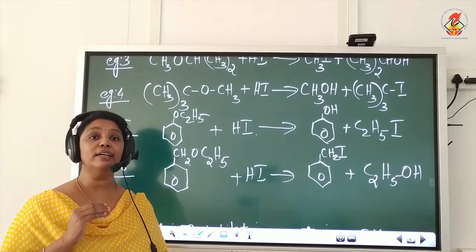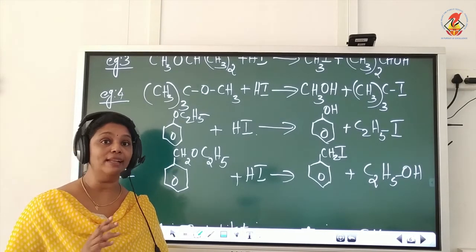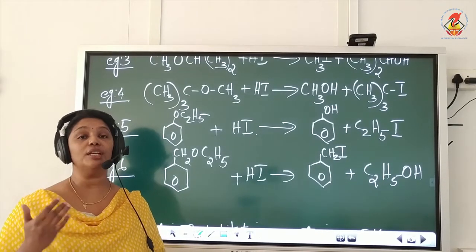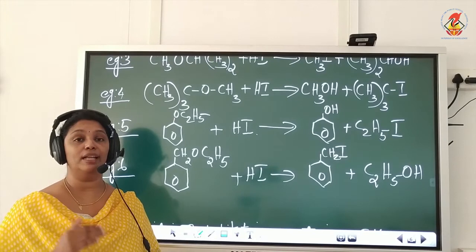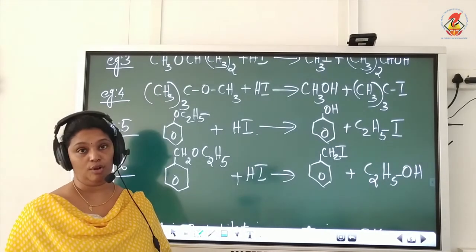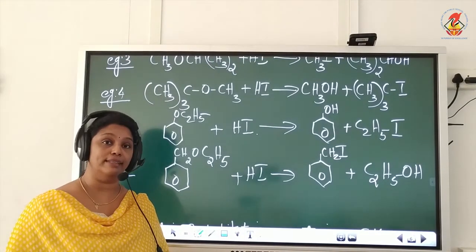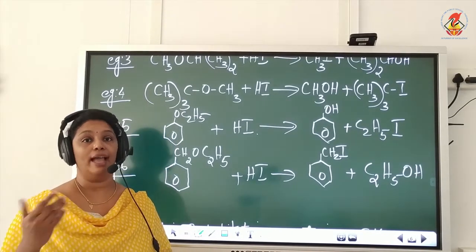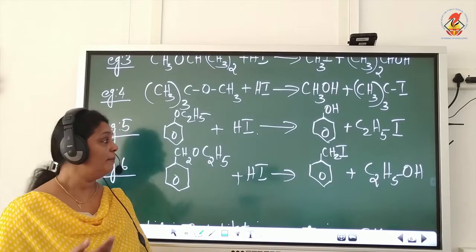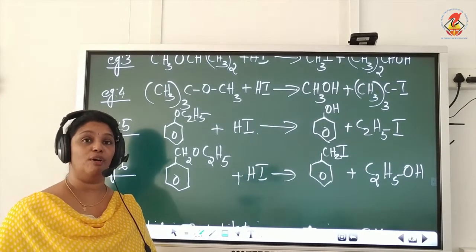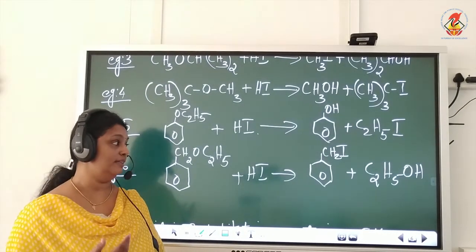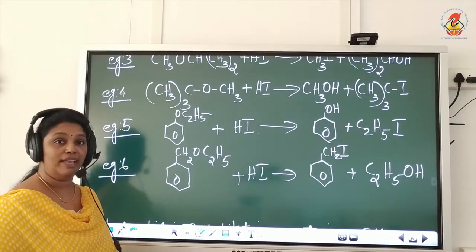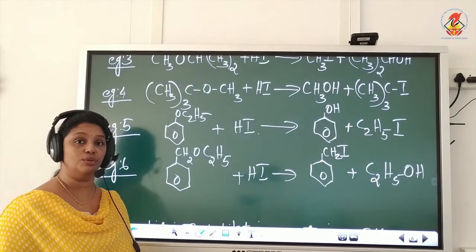If one alkyl group is methyl and the other is tertiary, then the tertiary group will go as halide and the methyl group will go as alcohol. With phenolic ethers, the products formed are always phenol and alkyl halide. And with benzylic ether, the products formed are benzyl halide and alcohol. With this, the reaction of ethers with HI is over.